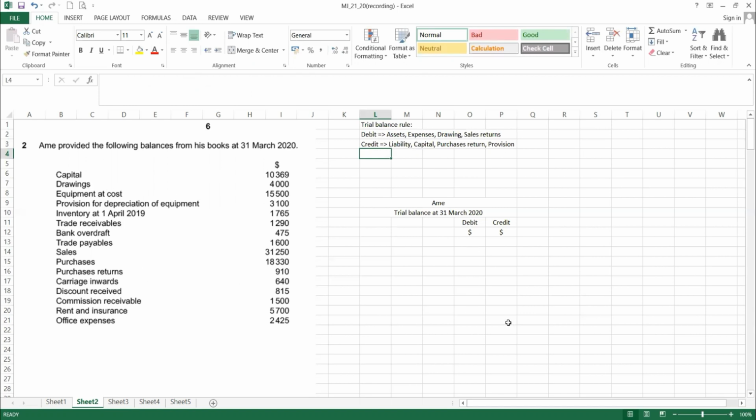Now based on this information, we have to know which section each of these accounts belongs to.